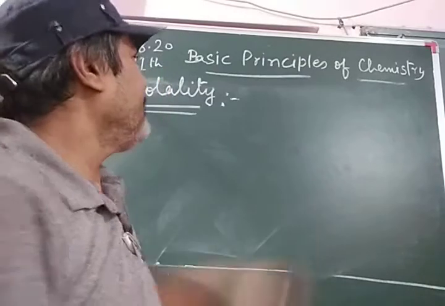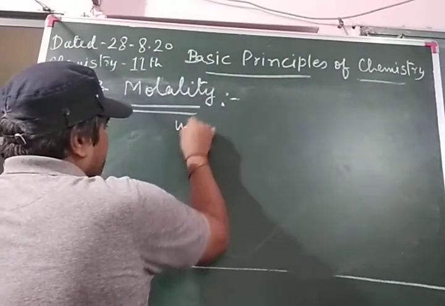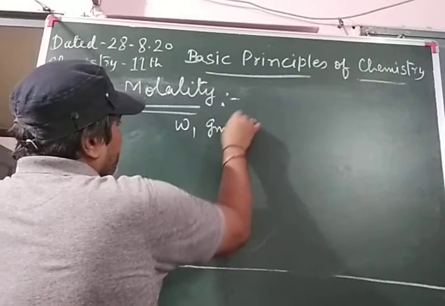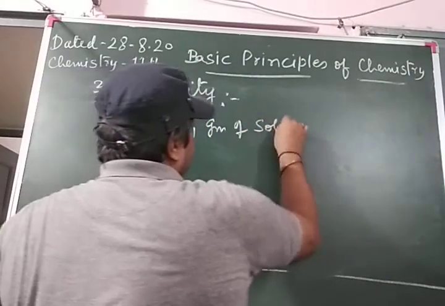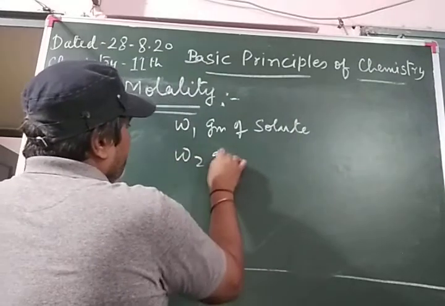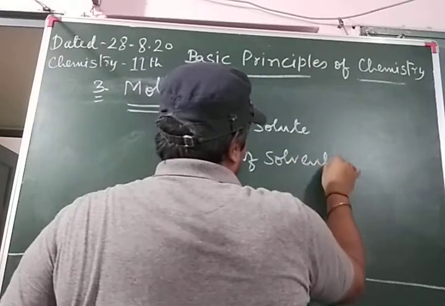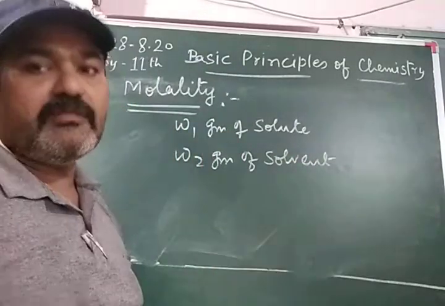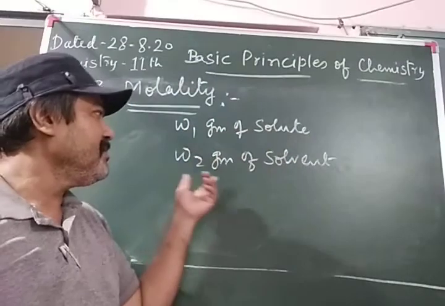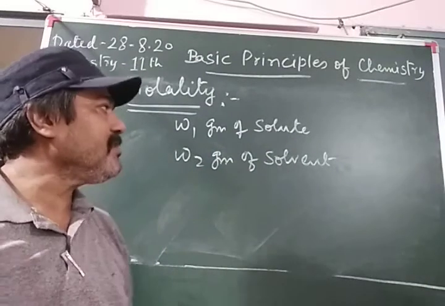ओके, तो वेरी सिंपल. तो यहां पर हमको लेना पड़ेगा लेट W1 ग्राम ऑफ सॉल्यूट इट डिजॉल्व इन W2 ग्राम ऑफ सॉल्वेंट. Here the mass of the solute is taken W1 gram and the mass of the solvent let it is W2. Okay.